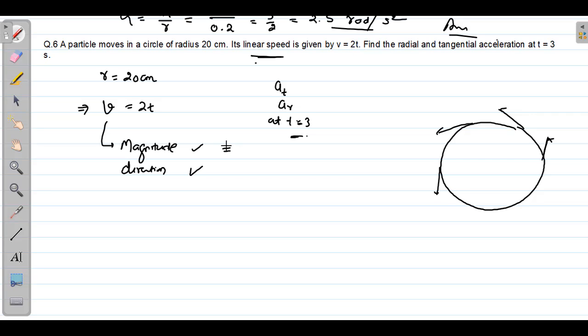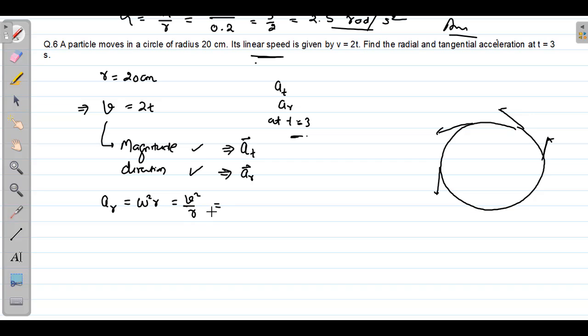This means the change in magnitude leads to the tangential acceleration, and change in direction of the velocity leads to radial acceleration, which we have to find. We have already found that a_r, radial acceleration, is equal to ω²r. It is also written as v²/r. This is in terms of the magnitude.